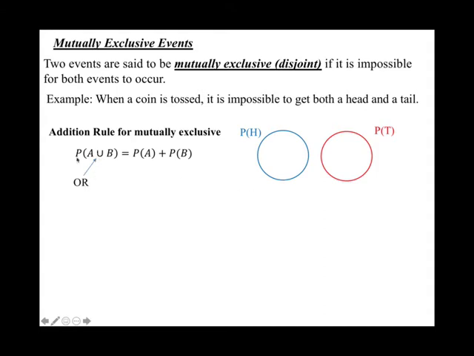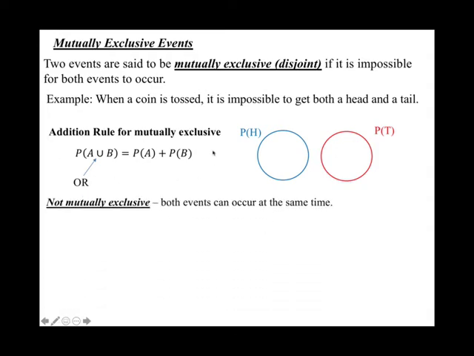Probability of A or B is equal to probability of A plus probability of B. One more time: if you are working on a probability with or, first you need to know if this is a mutually exclusive event. Mutually exclusive events means they can't happen at the same time. That's disjoint. If you know this is a mutually exclusive event, you apply this formula.